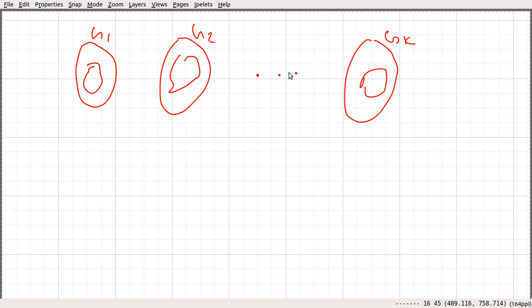Then any cycle in G is contained in one of the connected components, and in this situation we only need to consider one component at a time. As we did in that example, take this graph and find two partitions X1, Y1. For this one consider X2, Y2, and so forth, and for this consider Xk, Yk.